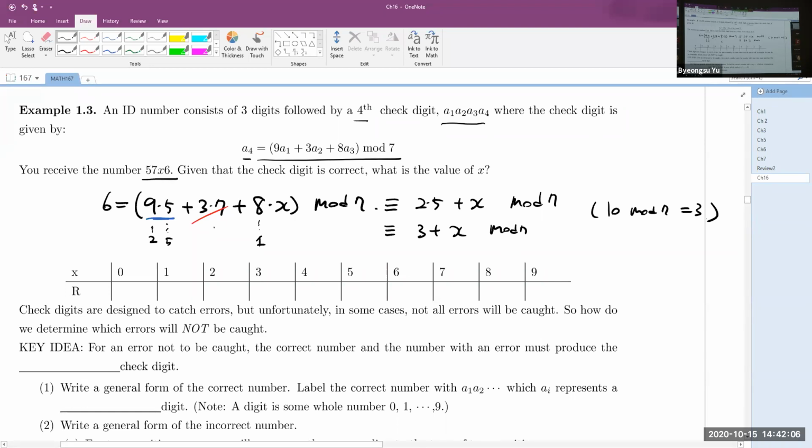Okay, do you have any question on my calculation? So what I did is instead of adding everything and dividing by 7, I just took the remainder first, for each number, right? Because we know that taking the remainder first and then adding or multiplying is just the same as adding or multiplying first, then taking the remainder.